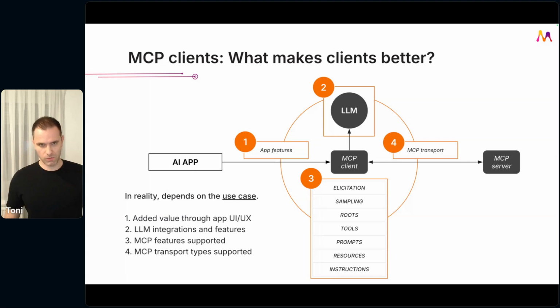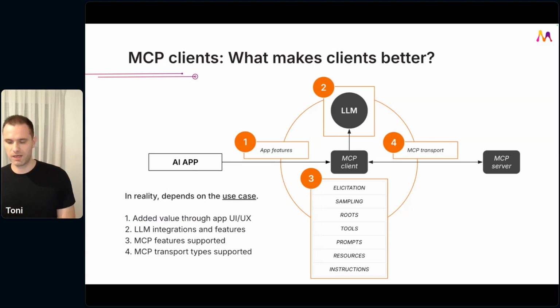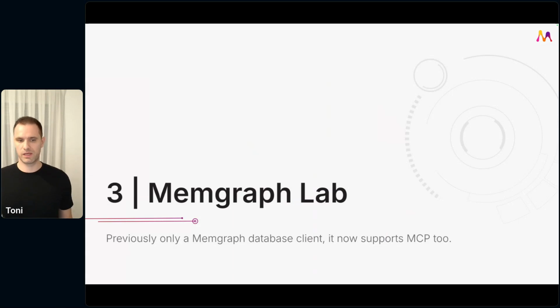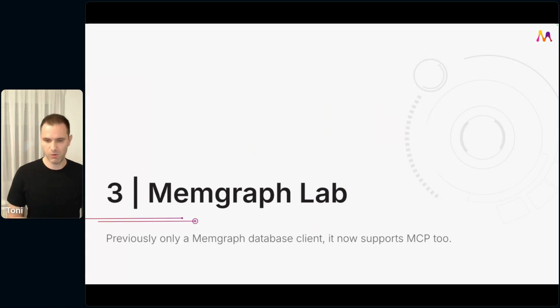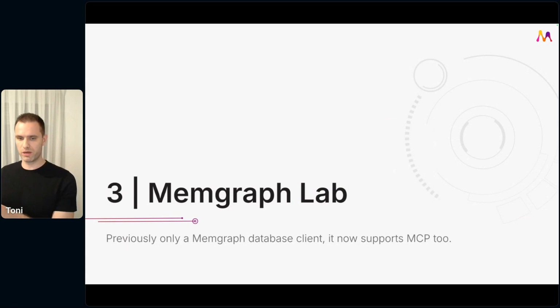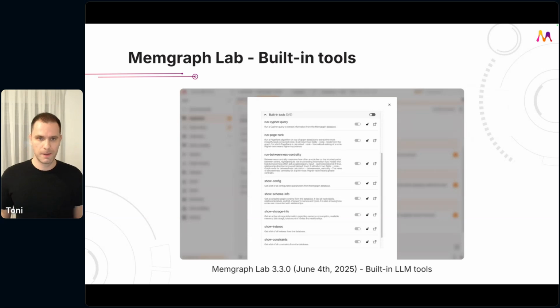Okay, so we got through pretty much the core concepts of MCP: the clients, the server, the features. And now I want to show you in the Memgraph Lab how we got to the situation where it became an MCP client too. Back in June, we released Lab 3.3, which had built-in LLM tools.